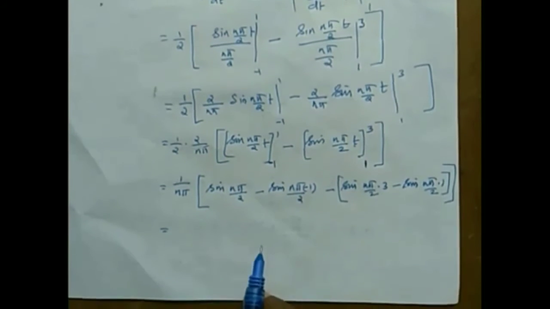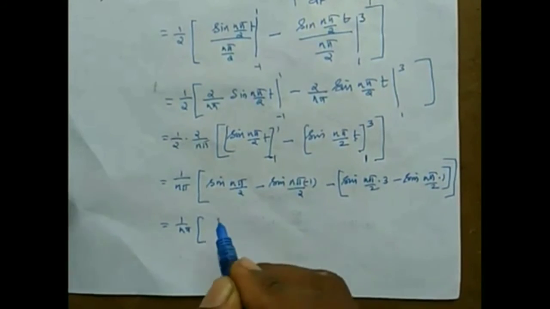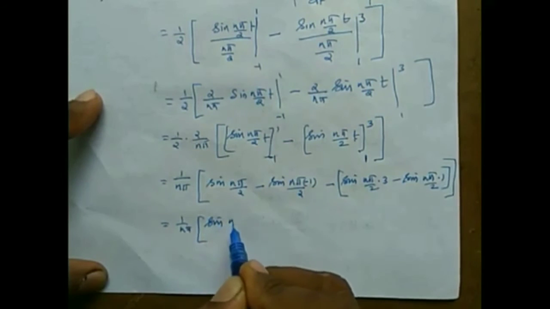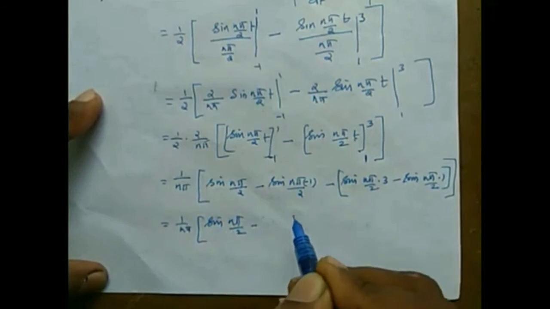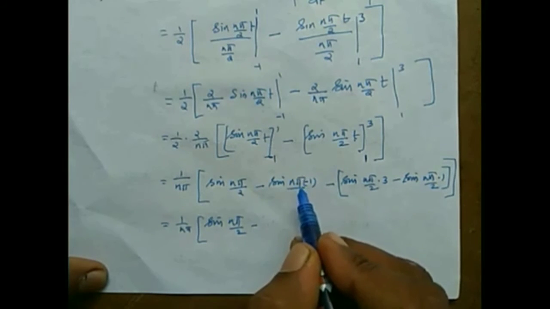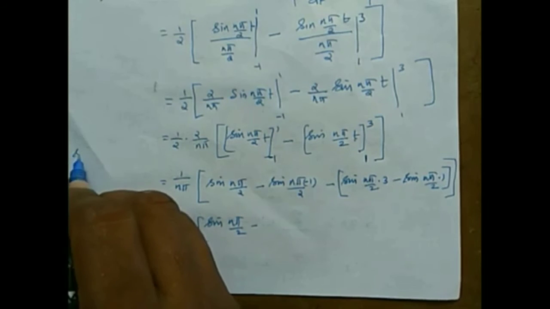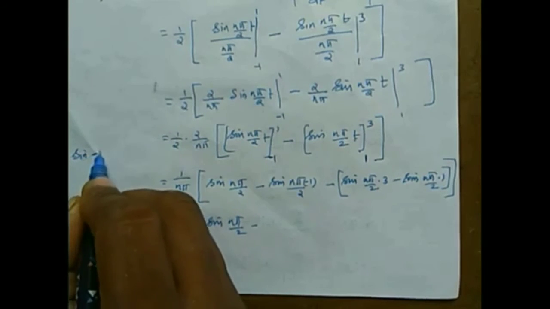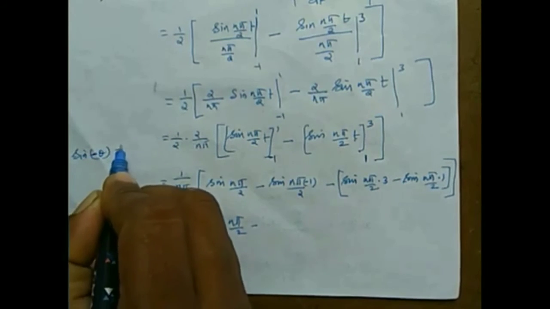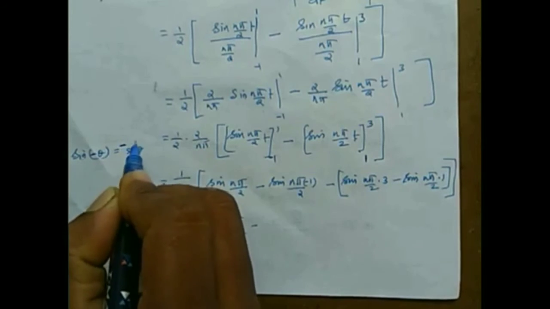Now this is equal to 1 by n pi times sin n pi by 2 minus, what is sine of minus theta? We know that sine of minus theta is equal to minus sine theta.